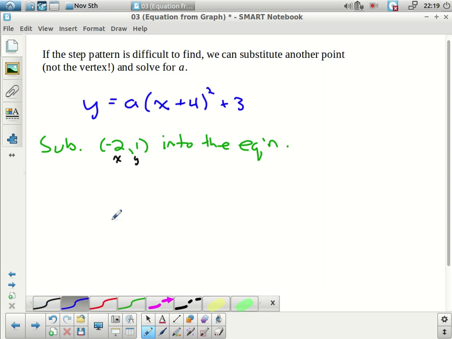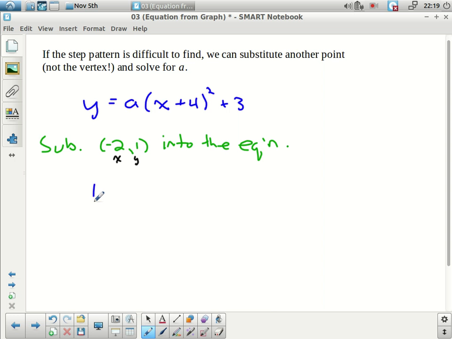So let's try it out. I have 1 equals a(-2 + 4) squared + 3. Again, I put 1 where I had y, and I put -2 where I had x.